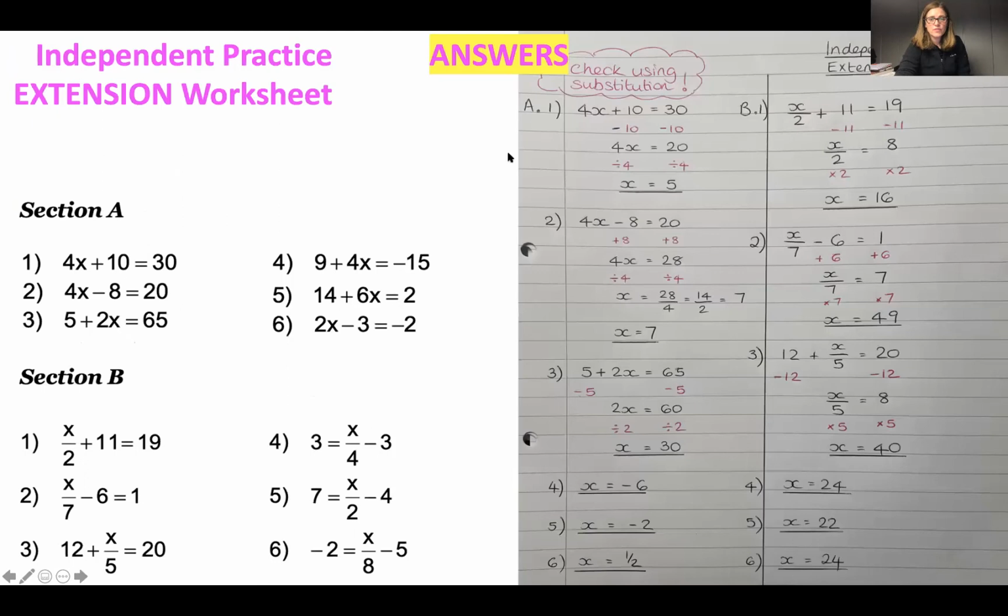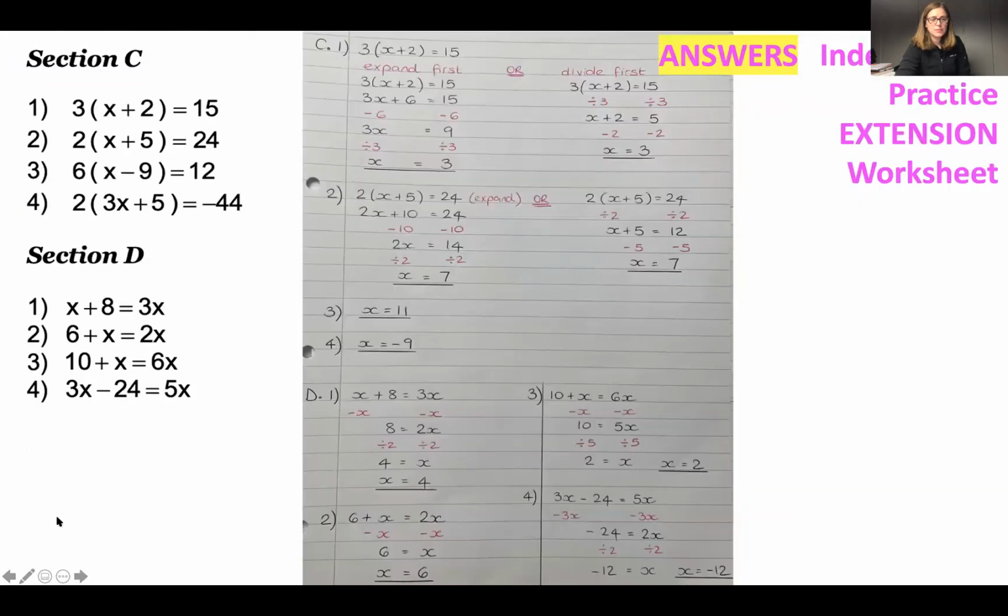Again, I've given you the worked examples for the first 3 for A and B. And then 4, 5, and 6. And finally, the answers for C. I've given you 2 different methods. Remember, we talked about either expanding or doing the division first. And then finally, for question D, I've given you the worked example for all 4.